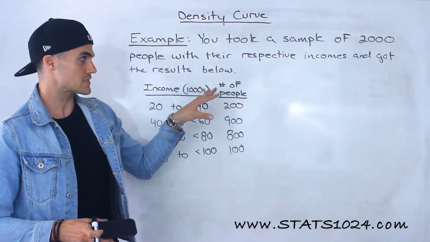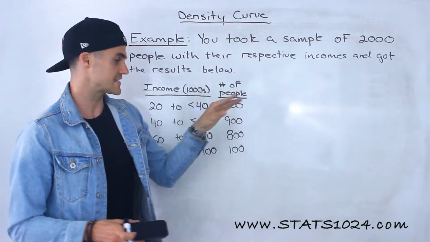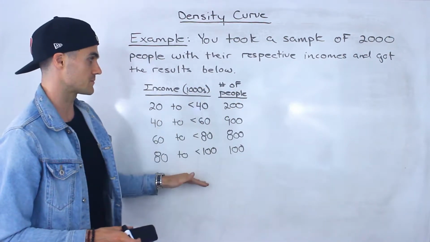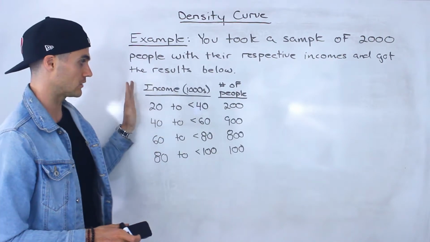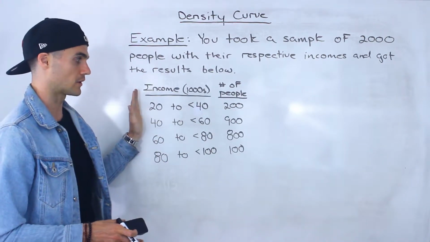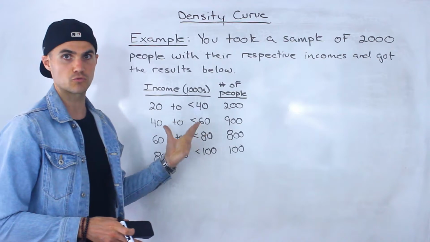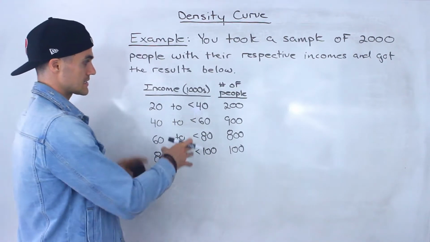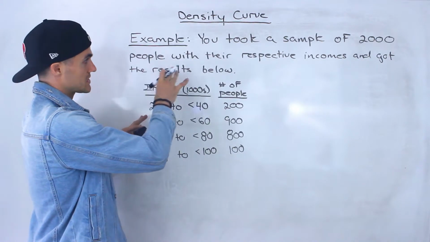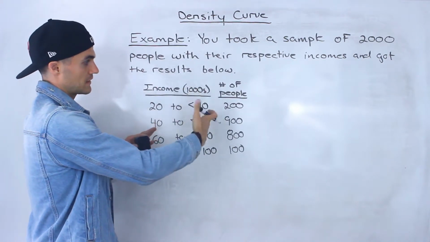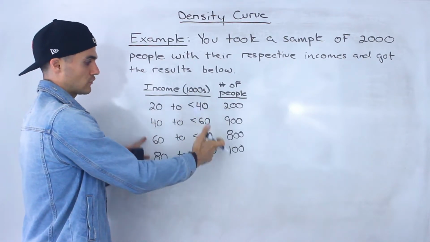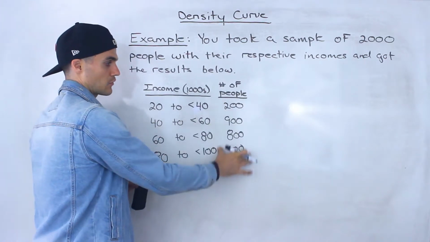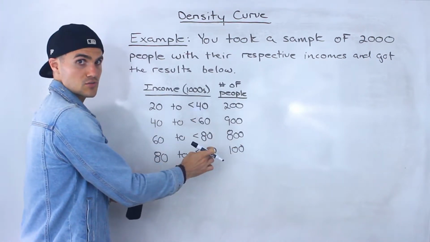Now, in those lecture notes for this example, you're actually going to see two tables. And here I only have one of the tables drawn out, to save myself some room on the whiteboard. But for that second table, what we did here was we took a sample of 2,000 people with their respective incomes, and we made intervals, and then the number of people fell in each of these respective intervals.